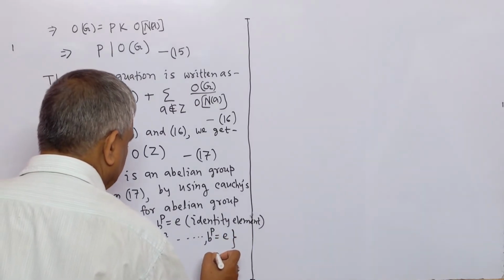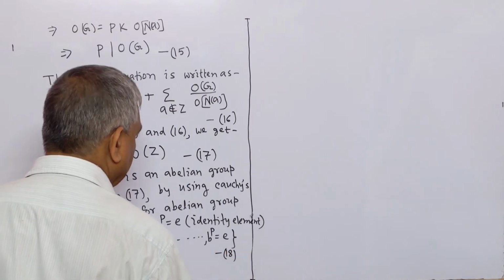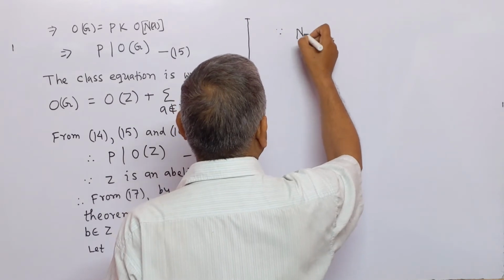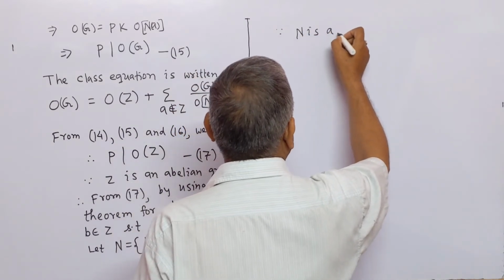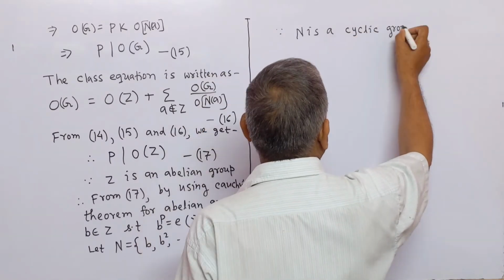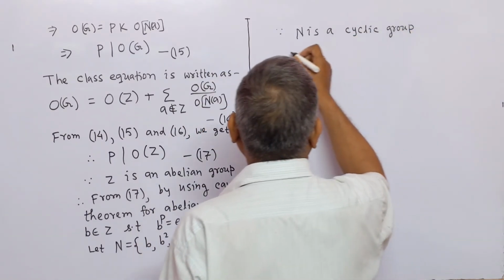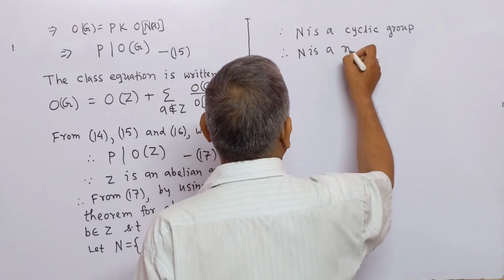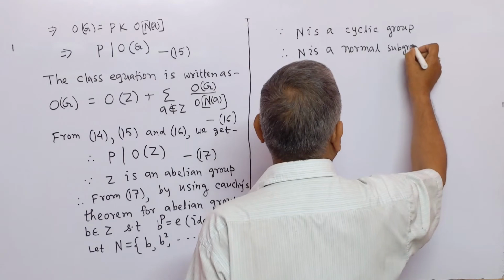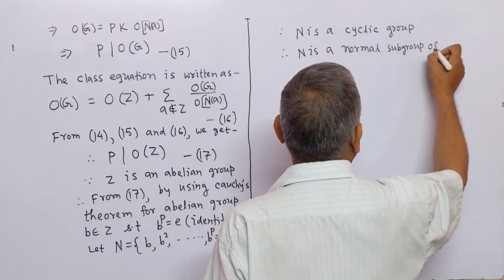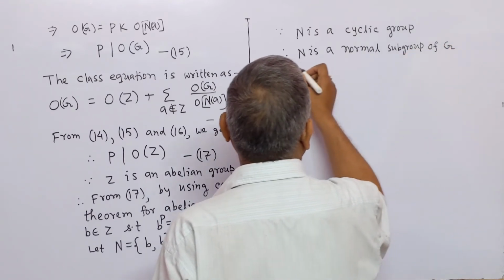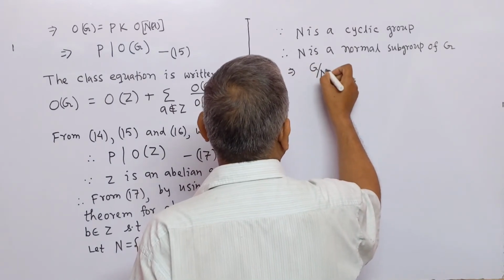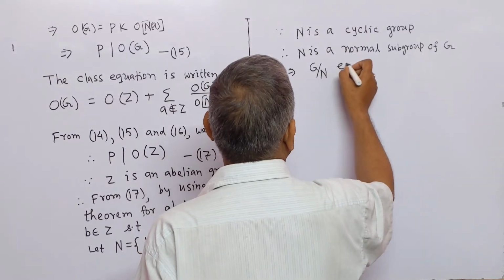Let this be number 18. Since N is a cyclic group, therefore N is a normal subgroup of G, which implies that the quotient group G by N exists.